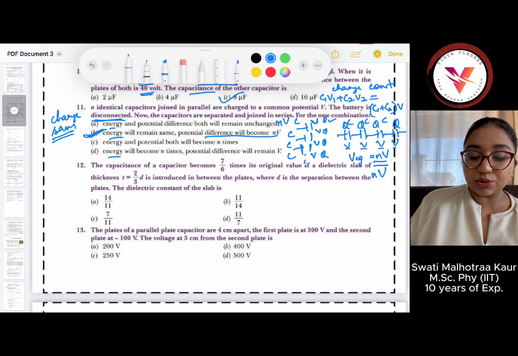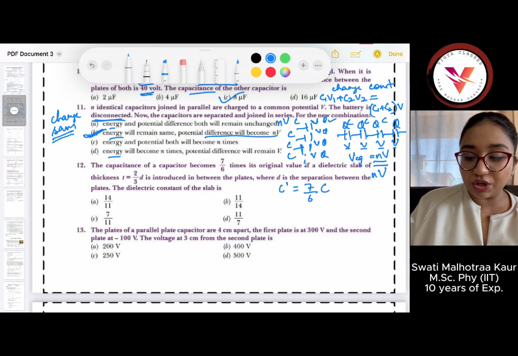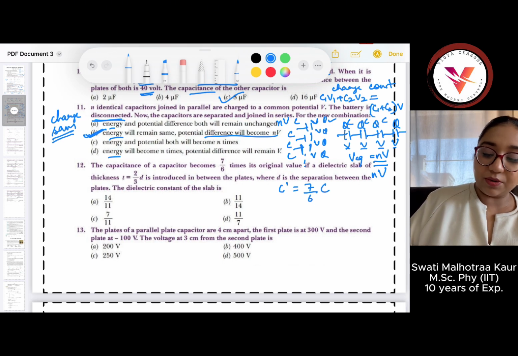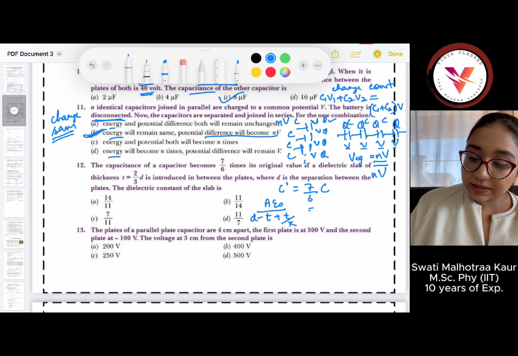of thickness t equal to 2 by 3 d is introduced in between the plates, where d is the separation between the plates. Find the dielectric constant. C dash is basically 7 by 6 times C, the original value. With a dielectric slab of this thickness, it is A epsilon naught upon d minus t plus t by kappa, which is the formula, where d is the separation between the plates.